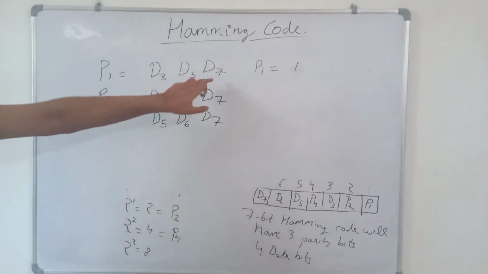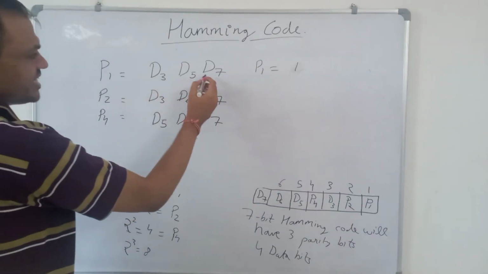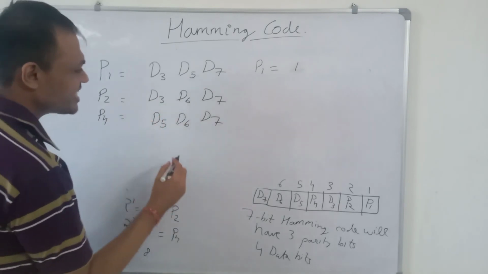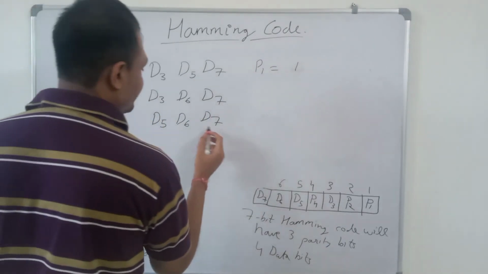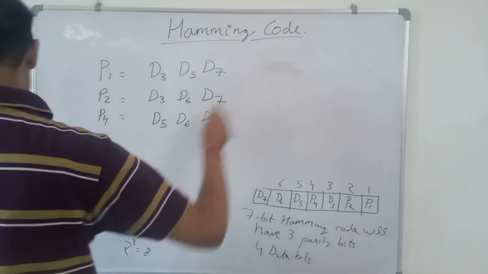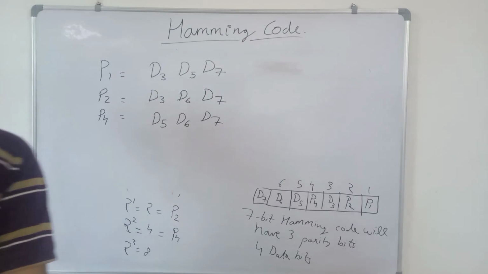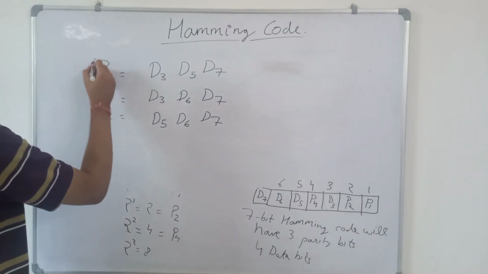So D7 is common in all the parities. So P1 is decided by D3, D5, D7, P2 is decided by D3, D6, D7 and P4 is decided by D5, D6 and D7. So this is how we decide the parity bits.